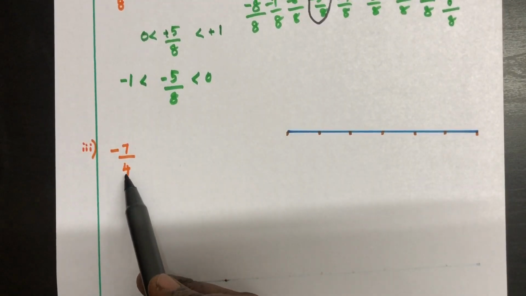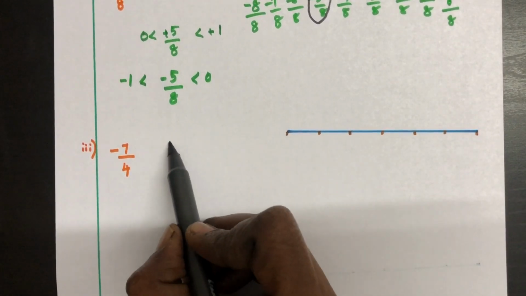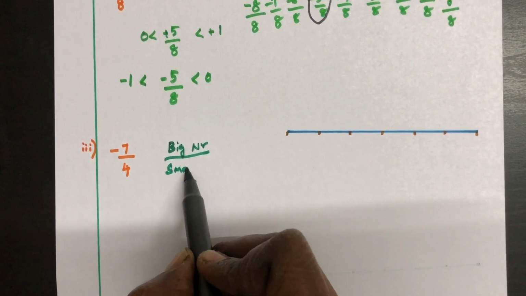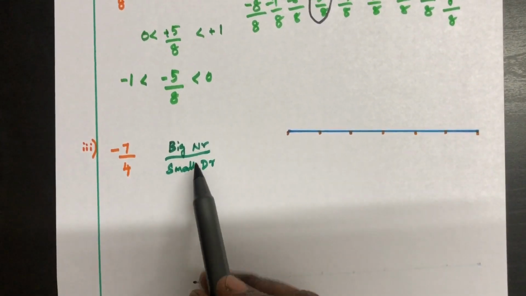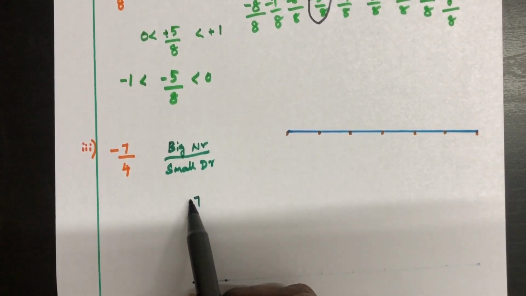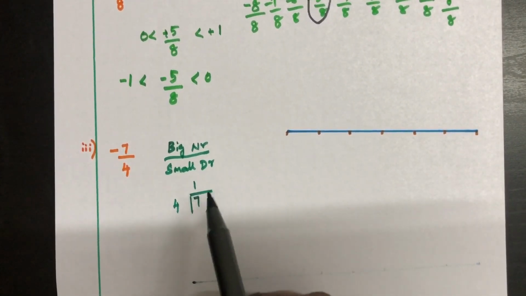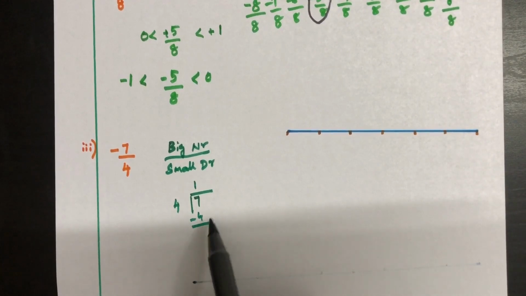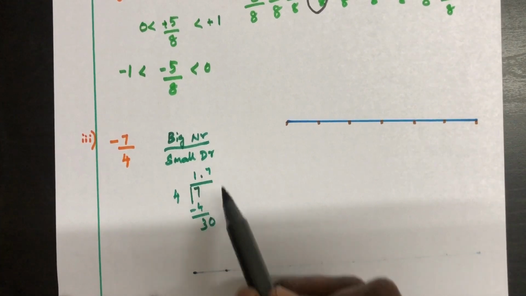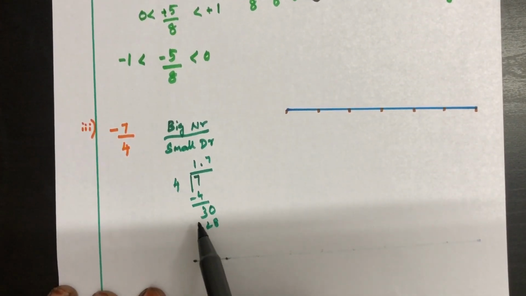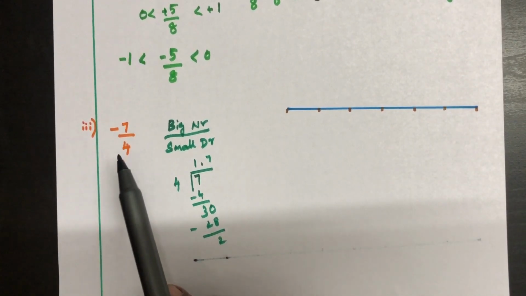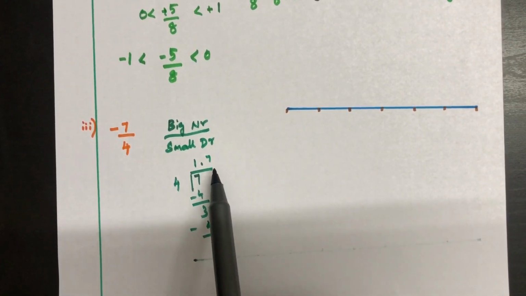See, minus 7 by 4. This 7 by 4 is an improper fraction. Big numerator divided by small denominator. Always for an improper fraction, if you divide 7 by 4, what will come? 1 time. So the value of this 7 by 4 is about 1.7.